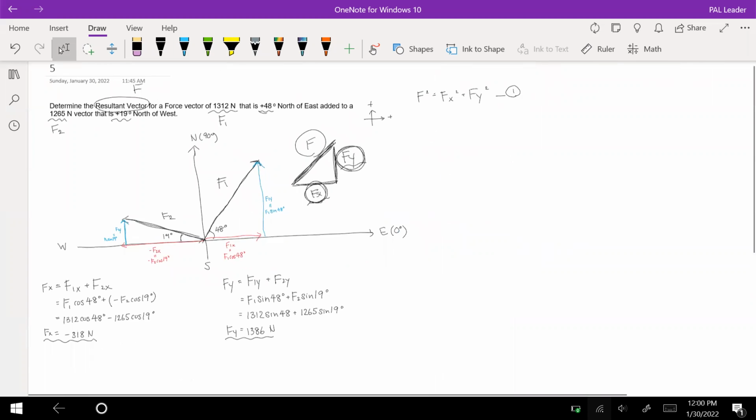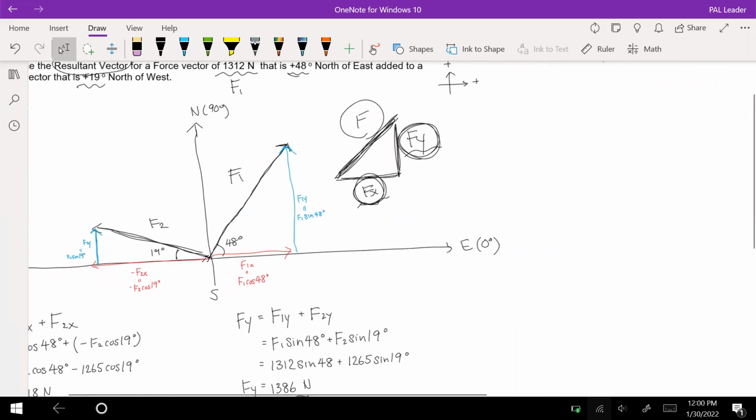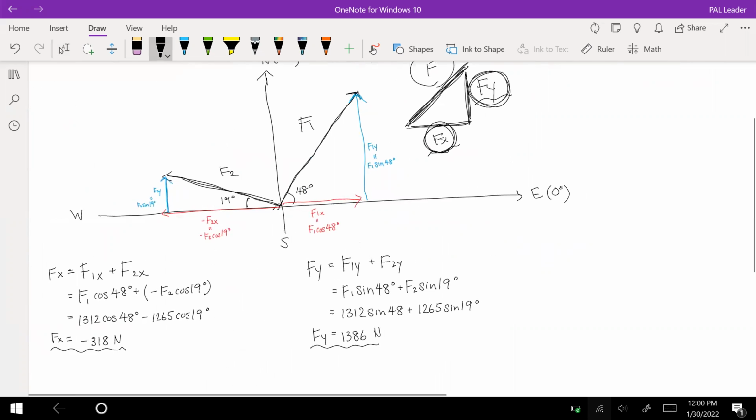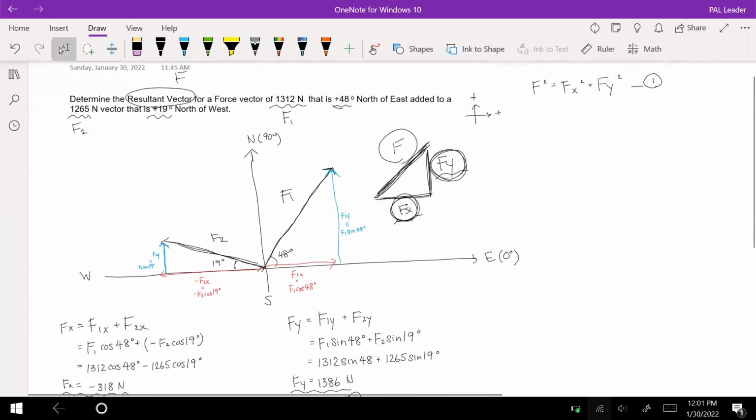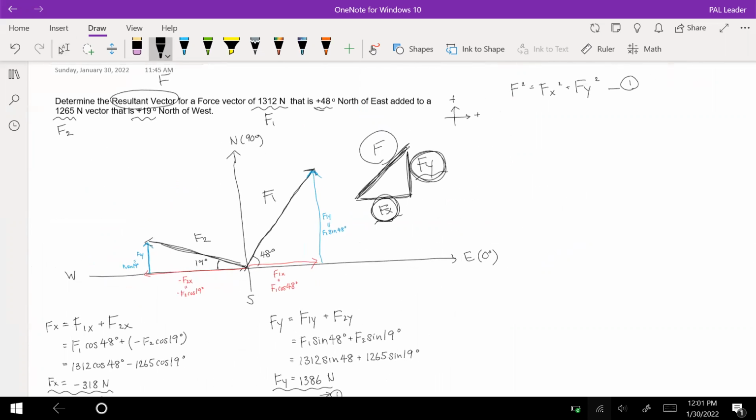Okay, so now we have Fx and Fy, right? And now we're just going to put both of these into equation number 1. We are looking for F. I don't like that it's squared, so I'm going to take the square root of both sides: the square root of Fx squared plus Fy squared.